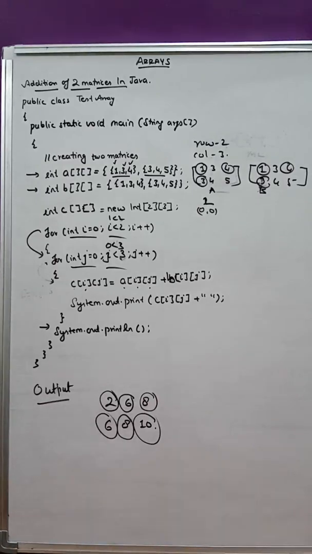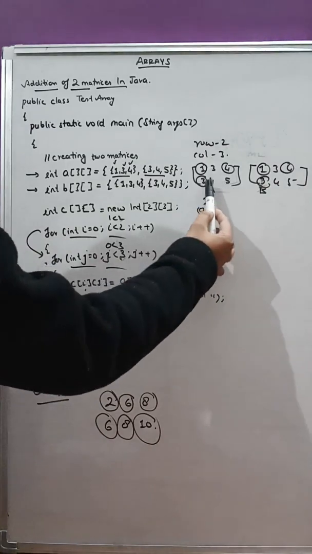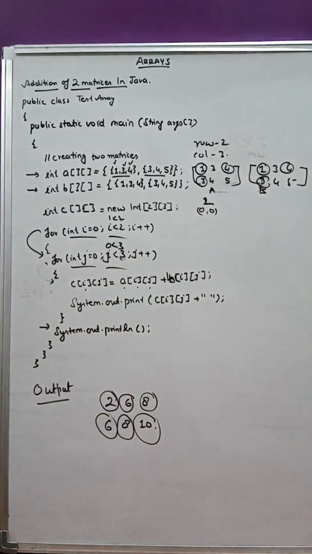So now you must have understood the concept of what we need to do. We have to take out the positions. If we have a matrix like this, you will be able to see that whatever the dimension is for this matrix, the same is the dimension for this matrix. So if you need to add two matrices together in an array in Java, you need to find matrices of the same dimension, which can be added.